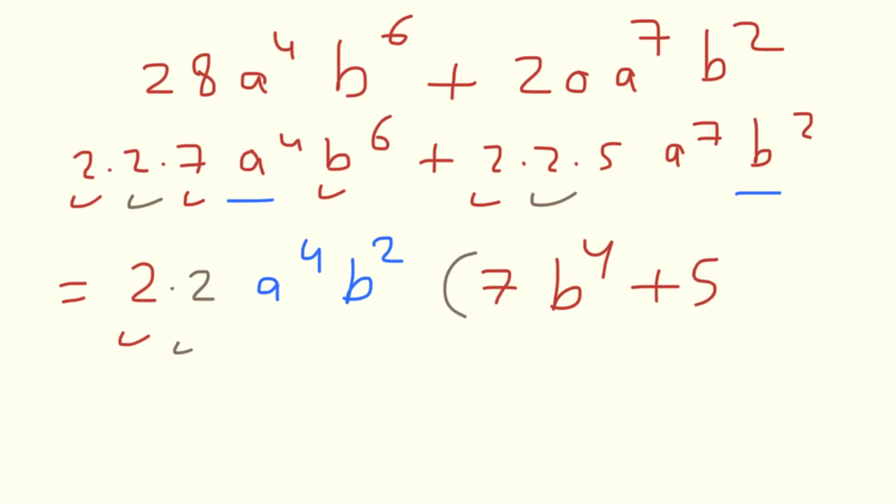And in variables, you see a power what? A power 7. How much did you take outside? A power 4. But if you take a power 4 from a power 7, what remains? A power 3. Does it make sense? So we did that part already. And b squared already has been taken outside. Nothing remains, 1 remains. And 1 multiplied by 5a cubed is just the same as 5a cubed.